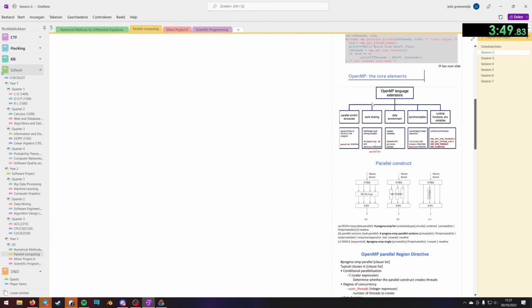Single instruction, multiple data: one instruction is performed on multiple bits of data, like parts of an array, not indices.